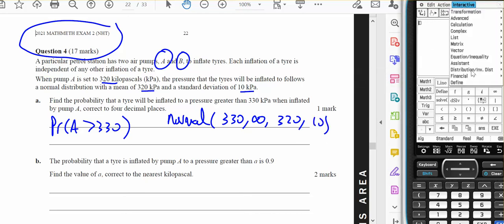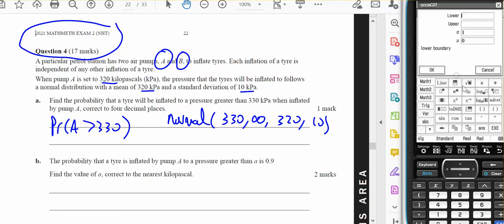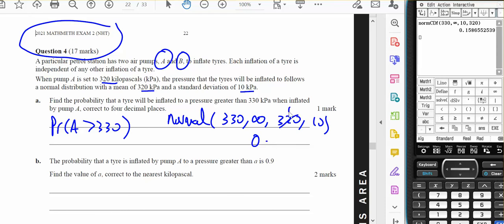So on a calculator, distribution, continuous, normal CDF, we're going from 330 through to infinity, 10 and 320, and that's 0.158655, so 0.1587.